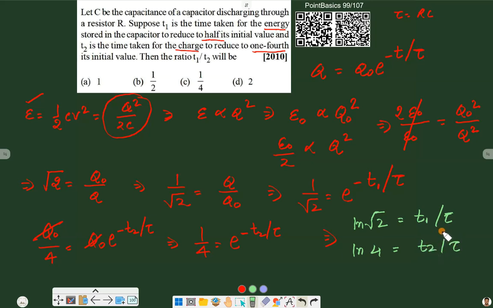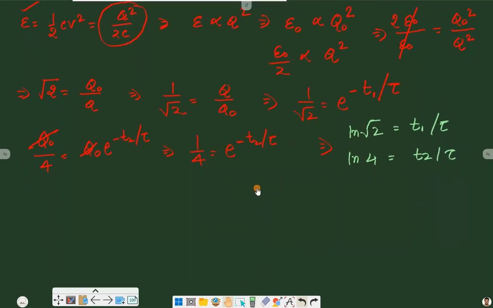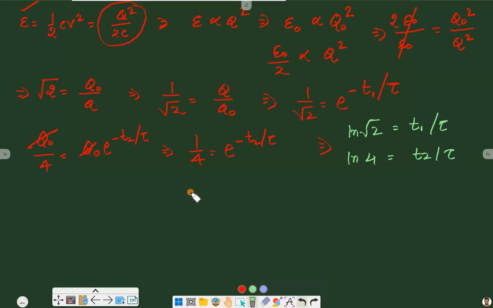Again we can divide both of these equations, and when we divide we will get ln root 2 divided by ln of 4 is equal to t1 by t2.